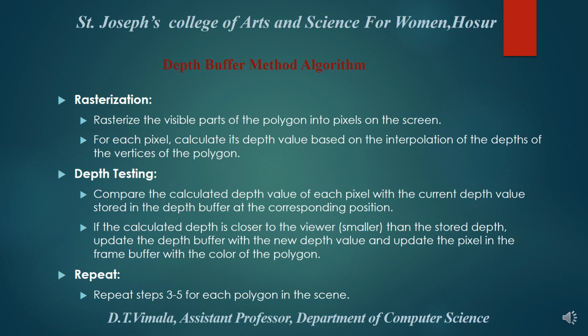Next is depth testing. Compare the calculated depth value of each pixel with the current depth value stored in the depth buffer at the corresponding position. If the calculated depth value is closer to the viewer than the stored depth, update the depth buffer with the new depth value and update the pixel in the frame buffer with the color of the polygon.